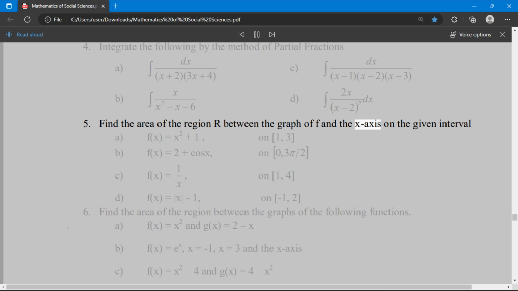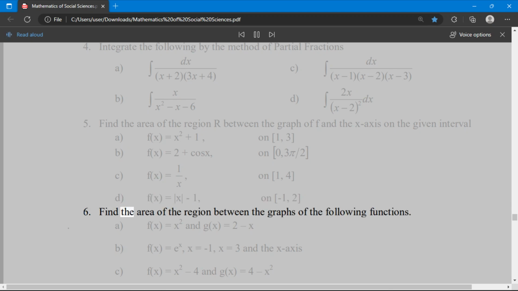5. Find the area of the region R between the graph of f and the x-axis on the given interval: a, f(x) = x² + 1 on [1, 3]; b, f(x) = 2 + cos x on [0, 3π/2]; c, f(x) = √(x−1) on [1, 4]; d, f(x) = x − 1 on [−1, 2]. 6.